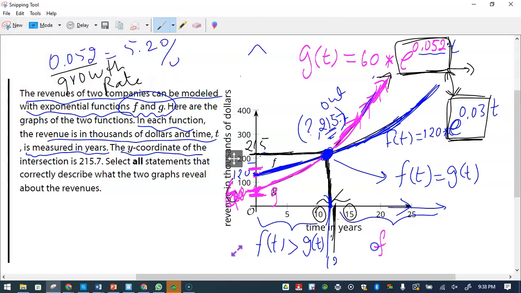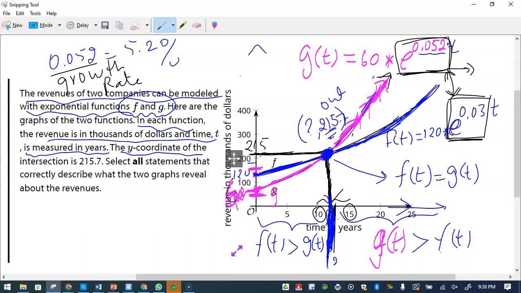So the GT, the pink graph, is higher than FT. So at one point they have the same revenue. G started slowly, but then gradually it increased faster. And after the 12, maybe that's what our goal is to figure out, how do we find this.